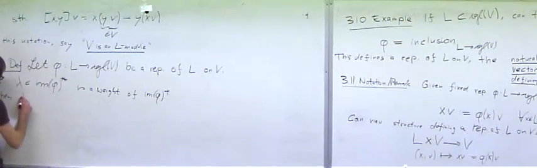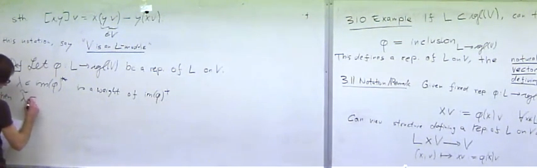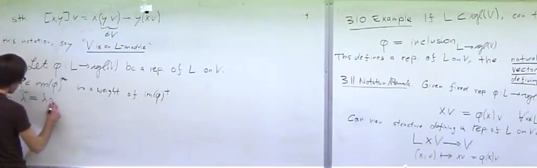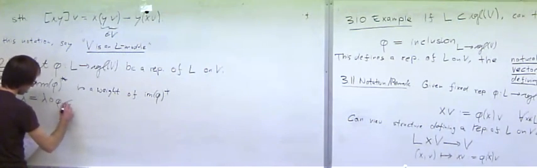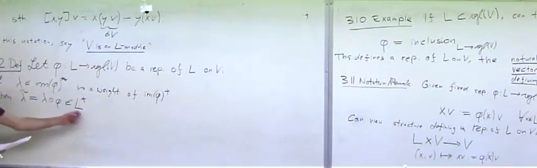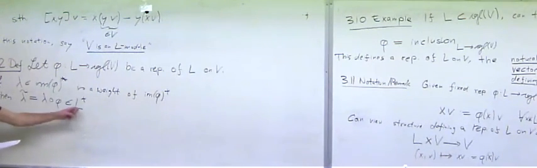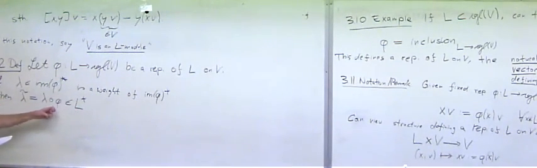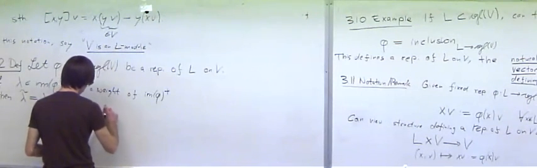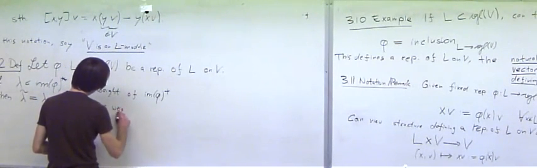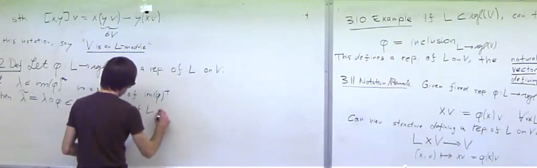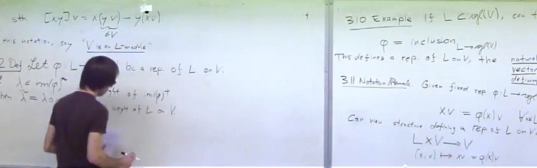Then I define lambda tilde to be just lambda composed with phi. So this is then a linear form on L, on the Lie algebra we represent. And this is also called a weight, a weight of L on V.